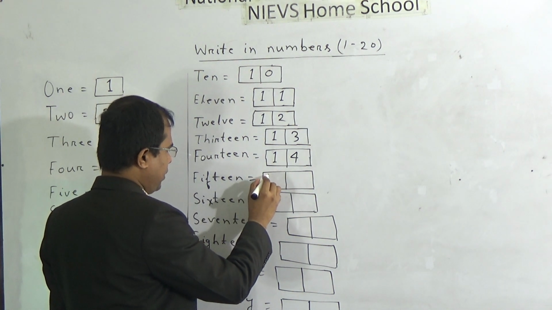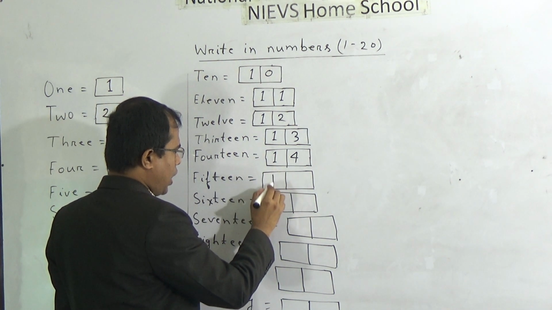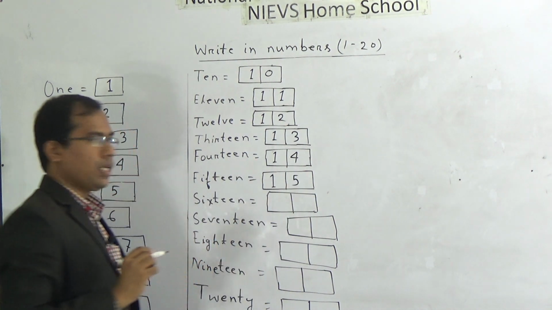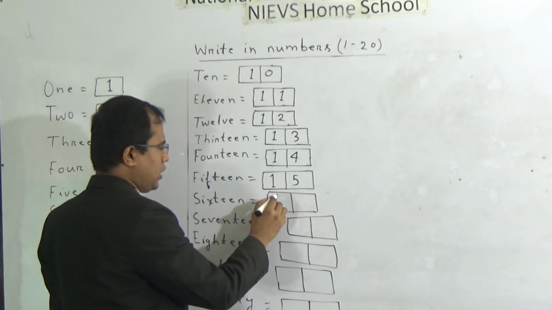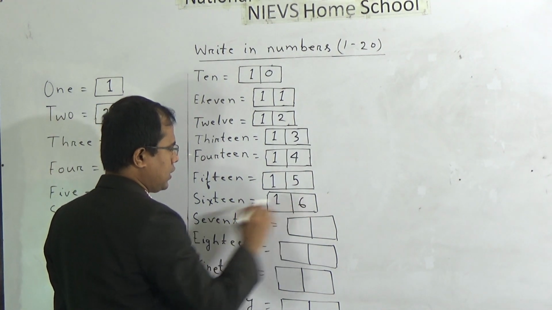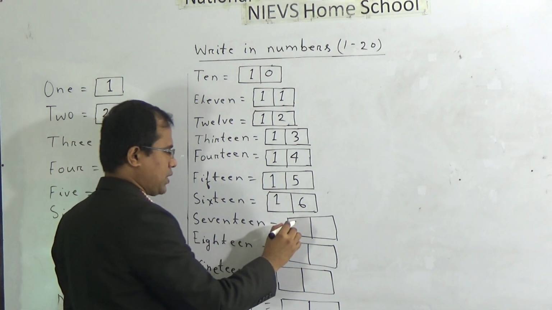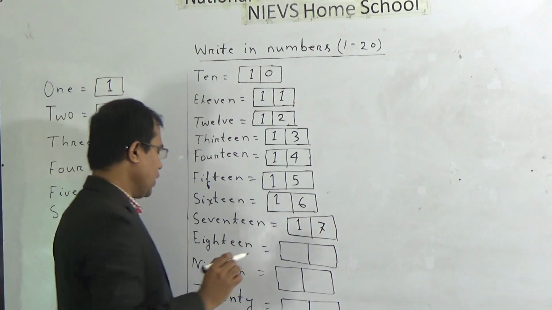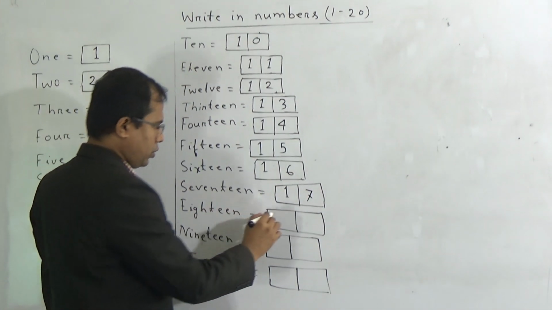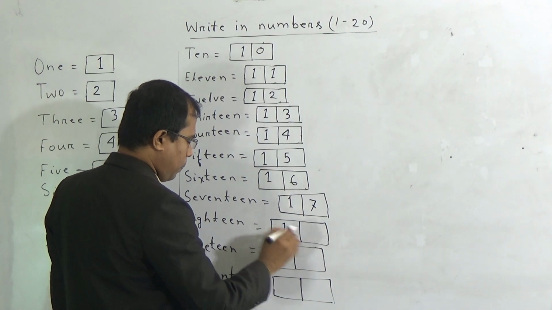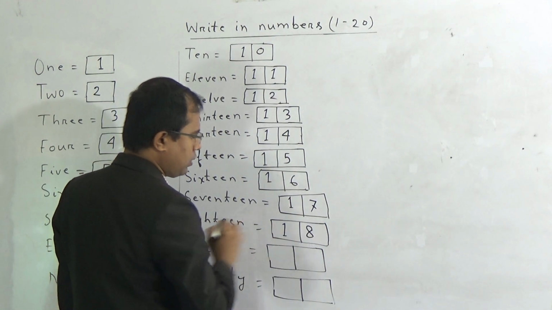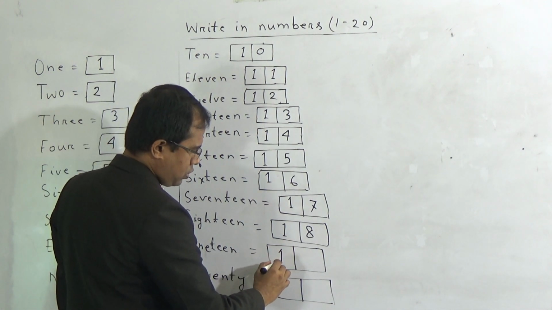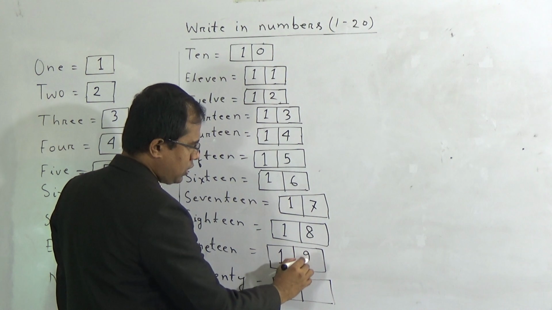For expressing 15, we will write 1 in tens place and 5 in ones place. 16, we will write 1 in tens place and 6 in ones place. 17, for expressing 17, we will write 1 in tens place and 7 in ones place. 18, 1 in tens place and 8 in ones place. 19, 1 in tens place and 9 in ones place.